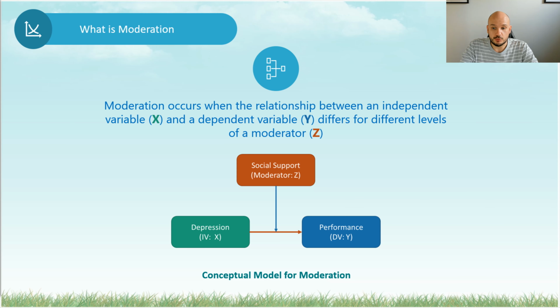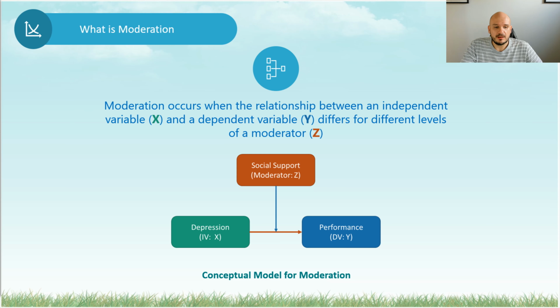So high depression equals low performance, but if you have a very large social support network, lots of friends, lots of family, your performance is not necessarily going to be affected that much. Whereas me, who has no friends, my depression is really going to affect my performance negatively. Okay, so that's an overall idea of what it is.